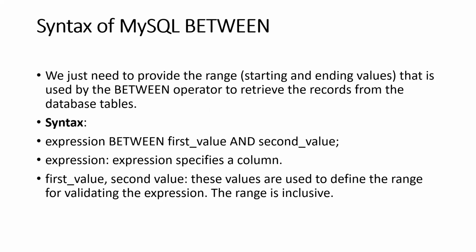The syntax is: expression BETWEEN first value AND second value. The expression specifies a column, that is, which column you want to apply the range to. The first value and second value define the range for validating the expression. The range is inclusive. Note down these things. I will show an example.